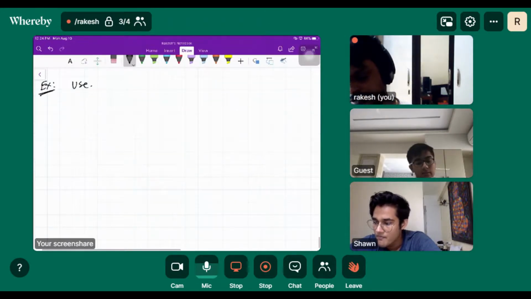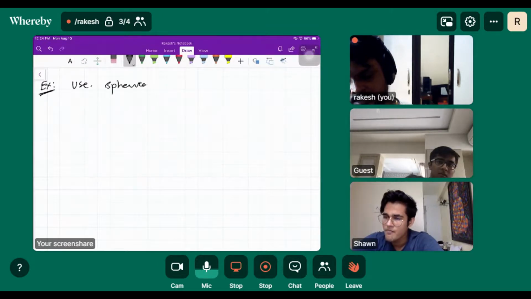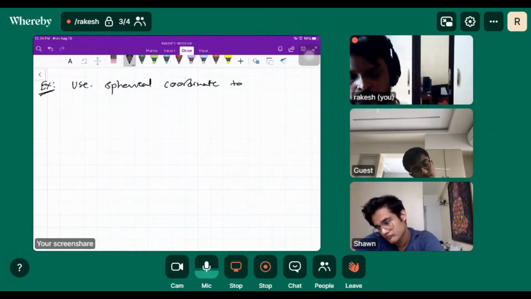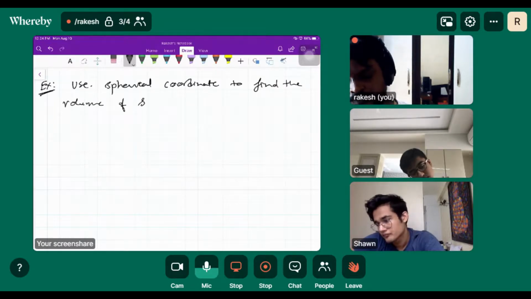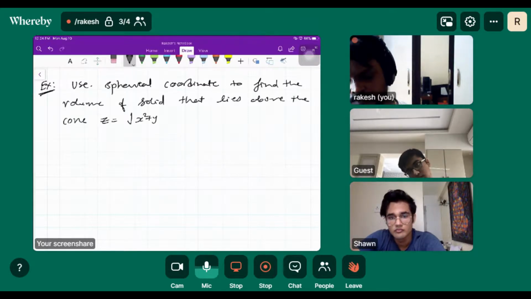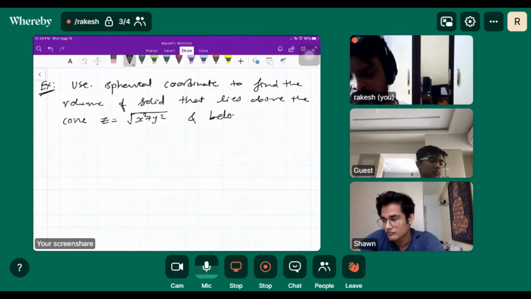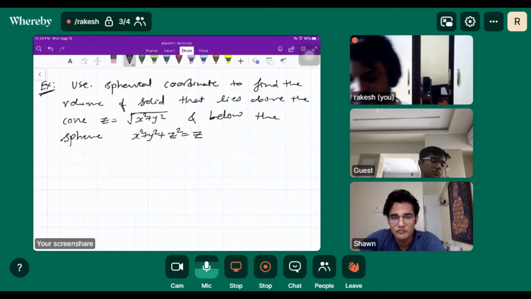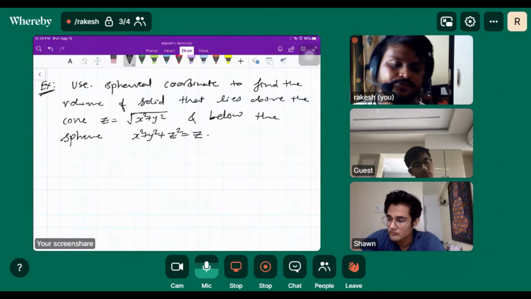Use spherical coordinates to find the volume of the solid that lies above the cone z equals root x square plus y square, and below the sphere x square plus y square plus z square equals z.